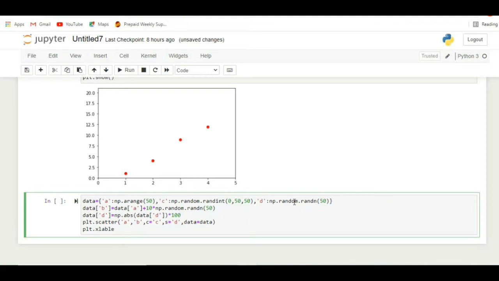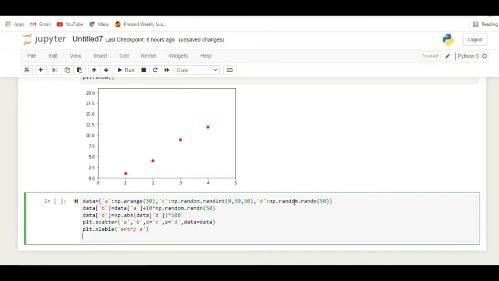The spelling of xlabel here is not correct; it should be LABEL. Since I have written the spelling incorrectly, this code will not work whatever you write.